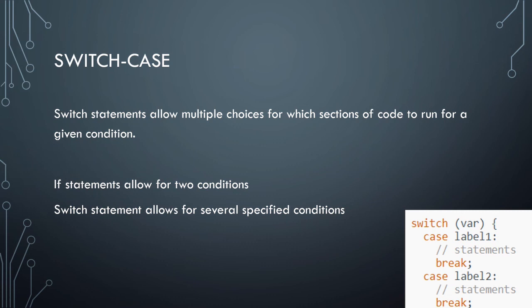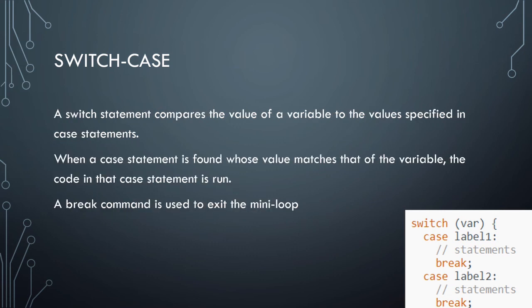So if you're looking for 3 or 4 different cases, a switch case is a really good way to establish that. So what a switch case does is it compares the value of some variable. You have some variable that you're looking at, and it compares the variable to a list. And it says, is it equal to the first case? Is it equal to the second case? And so on and so on. It runs through the program.